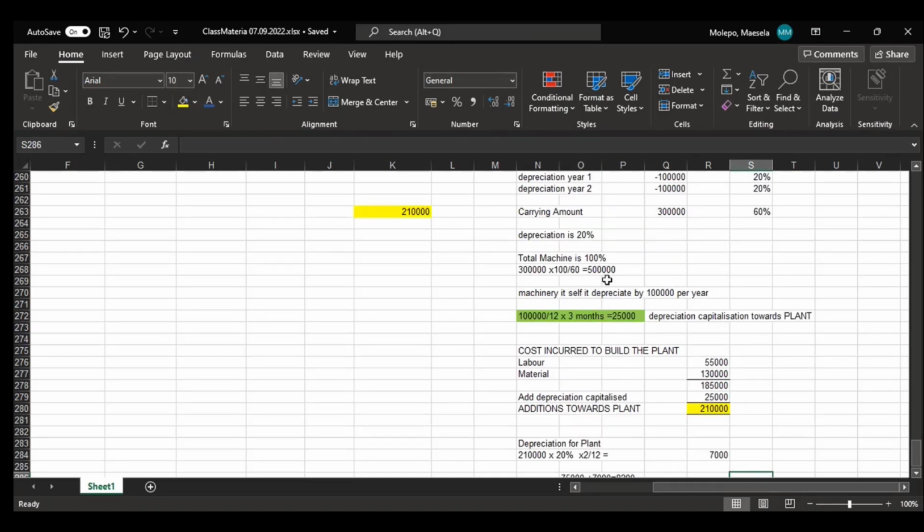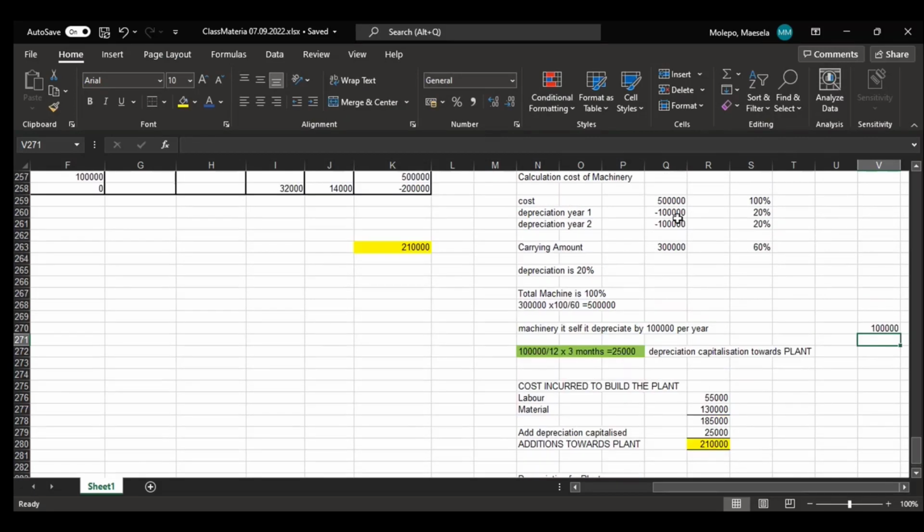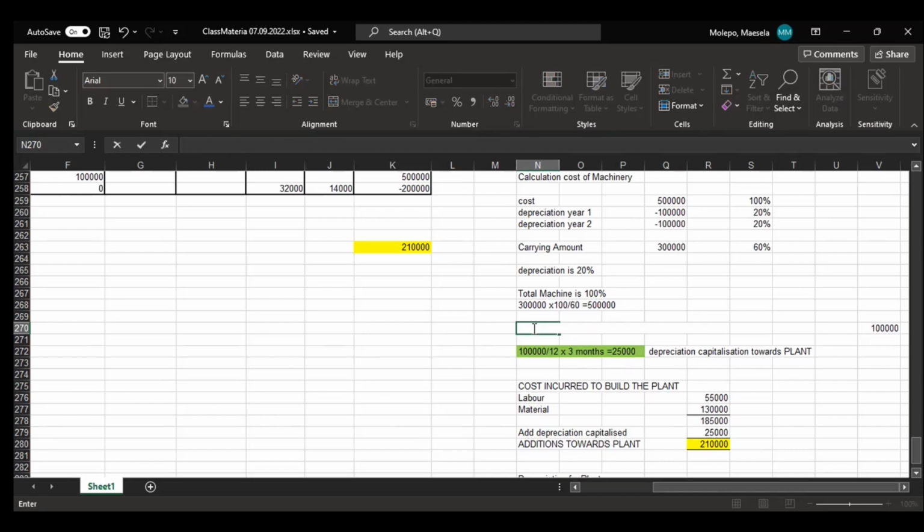Let's go back. It's not a train smash here. You have a depreciation for the year, right? It's 100,000. You remember it? Yes. The machine per year depreciates by 100,000. So let me just wrap this and say depreciation per year is 100,000. Then you less the one you capitalized, which is 25,000.